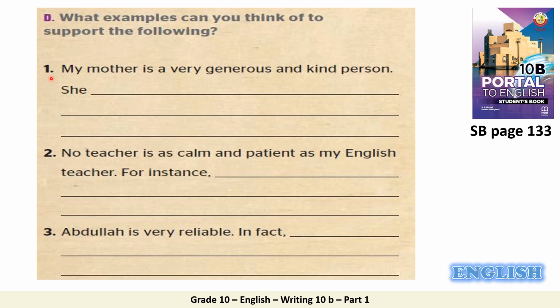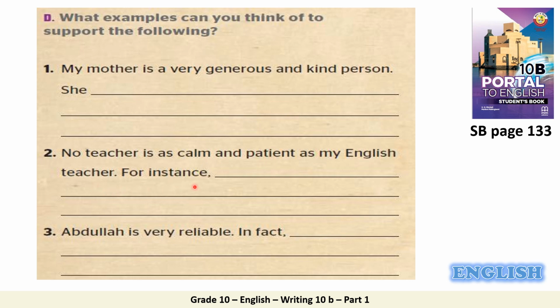Let's have a look at the first one. My mother is a very generous and kind person. She... so I wanted to expand on describing the mother. Number 2, no teacher is as calm and patient as my English teacher.